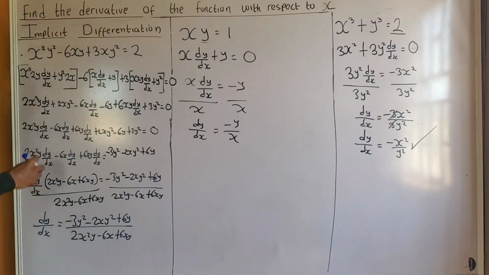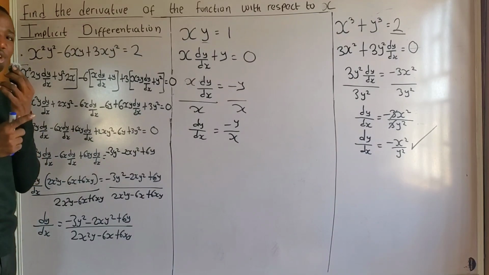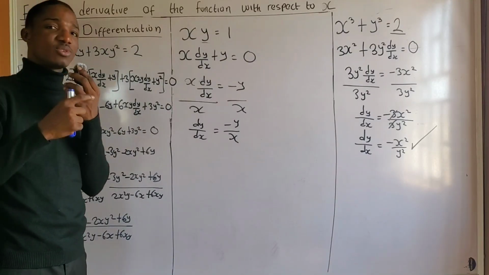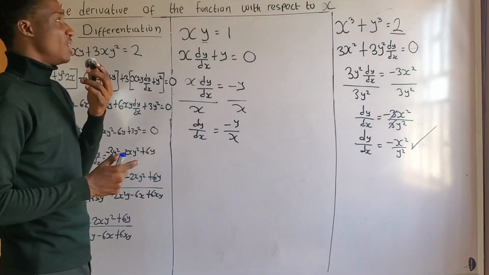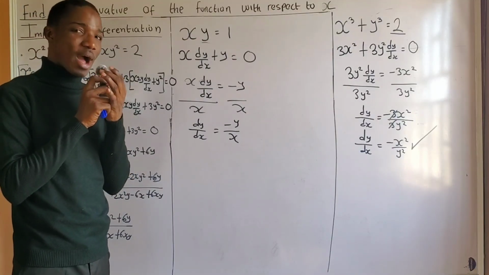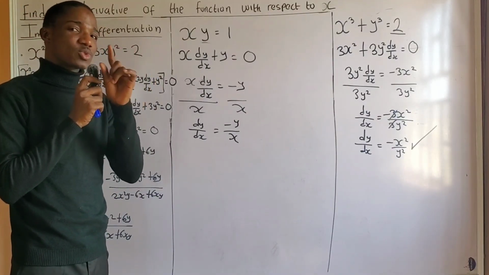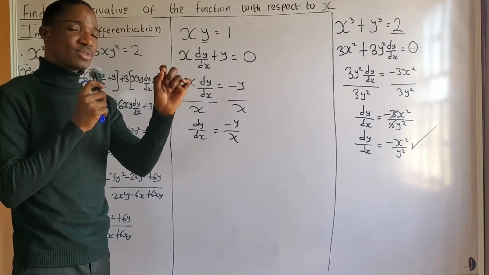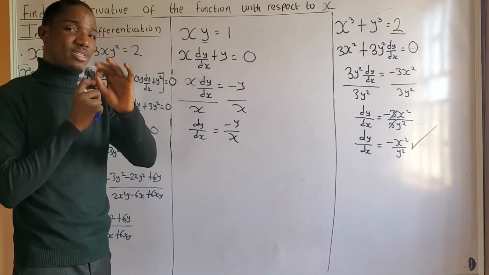Now anytime you encounter this kind of question, the first thing to check is what you are differentiating, and also what you are differentiating with respect to. Are you getting it? If you look at the question, we are asked to differentiate y with respect to x. So anytime we differentiate y in that function, we multiply that derivative by dy/dx.